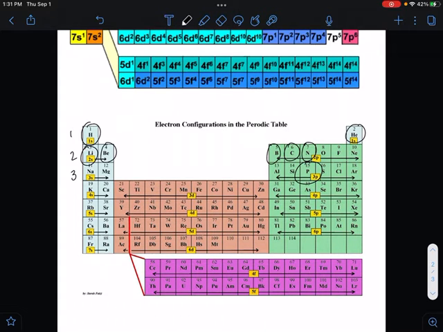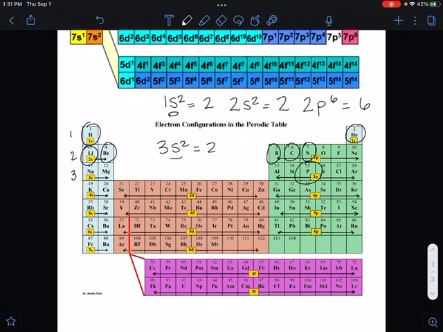1s2, it's an s orbital, so it only contains 2. 2s2, it's also an s orbital, so that's only 2. Then I can move on to 2p6, that's 6 electrons. So right now we're at 10. Then I go to 3s2. It's an s orbital, so it only contains 2. Then I go to 3p.